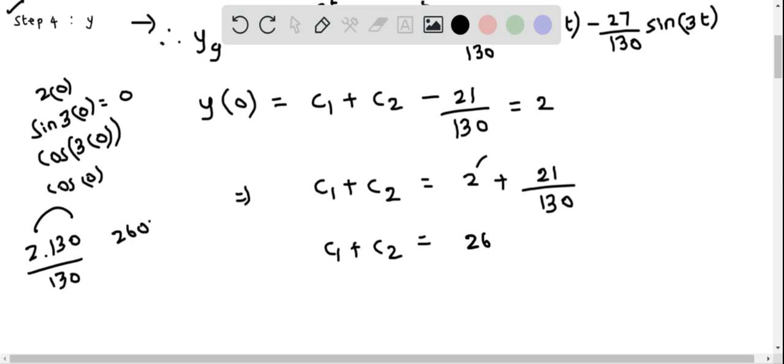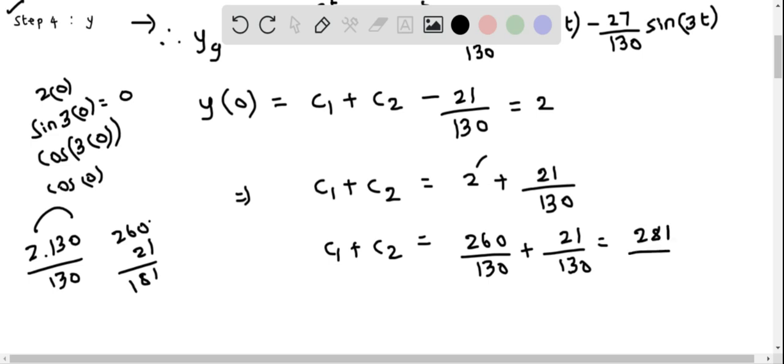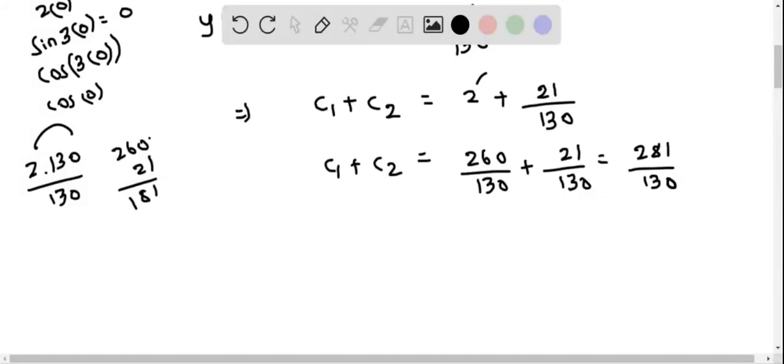So I can write this as 260 over 130 plus 21 over 130, and this equals 260 plus 21, which gives 281. So it is 281 over 130. Let's write this as an equation: c1 plus c2 equals 281 over 130. This is one of our equations.